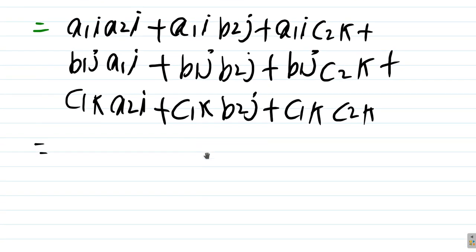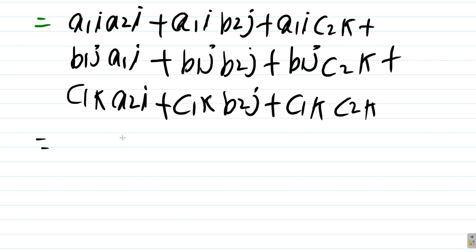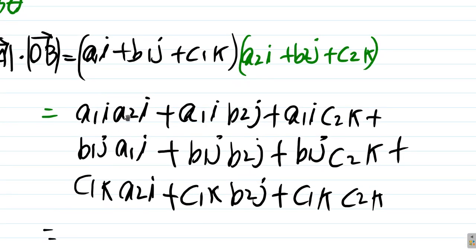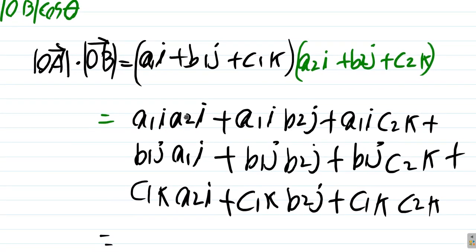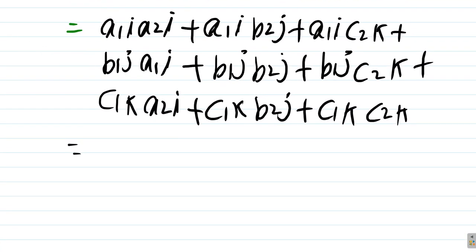Alright. Now, here, let's put what you might call the like terms together, the ij's, and so on and so forth. So we have A1, A2, then we have II.